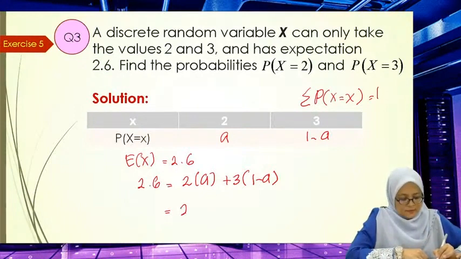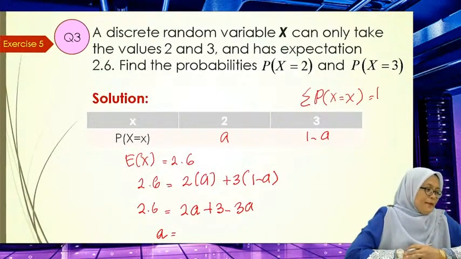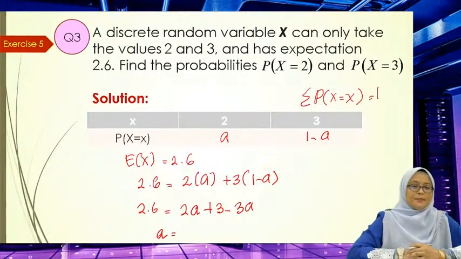So here you have 2A plus 3 minus 3A, 2.6. So A equal to, okay, tolong kira untuk saya. Okay, 1 minus A, okay. Okay, so sekarang ni kira A tu dapat berapa?